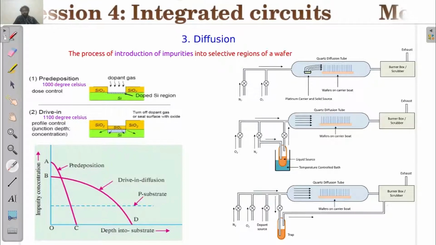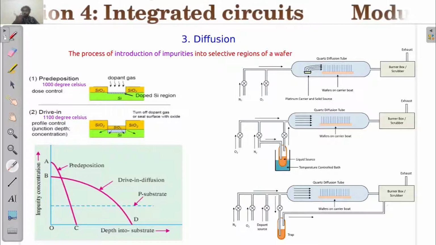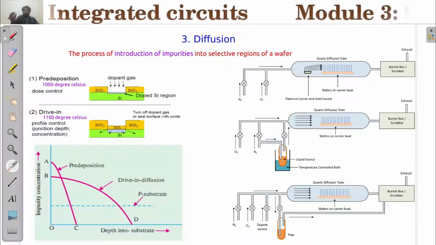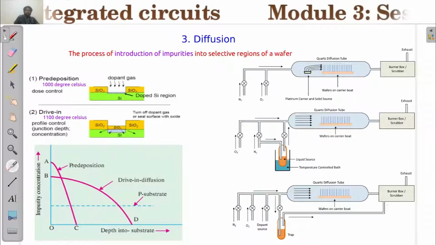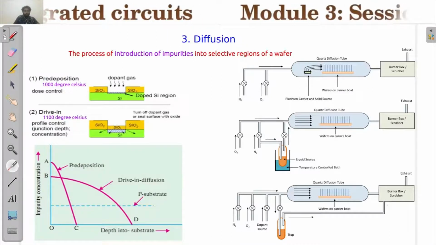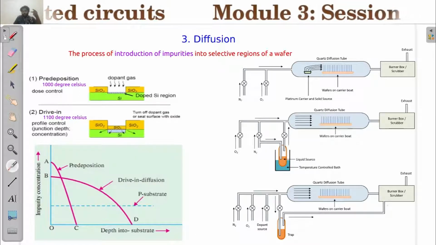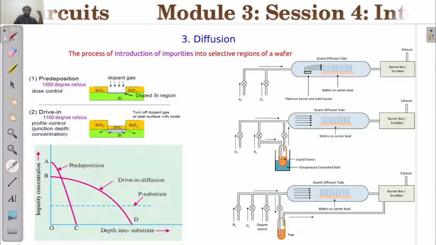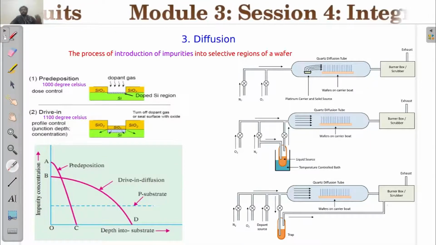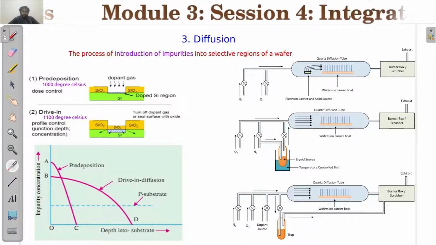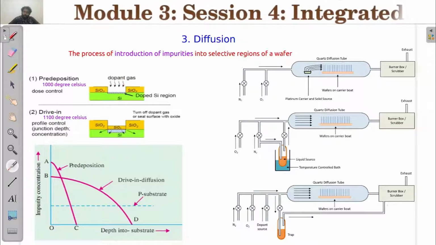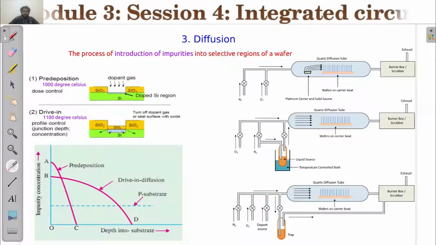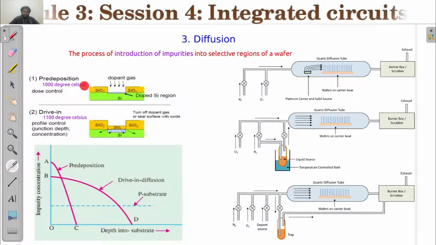Coming to the diffusion step, it consists of two steps. One is pre-deposition, which happens at a temperature of 1000 degrees centigrade, and the second is drive-in diffusion. In pre-deposition, we introduce a dopant gas onto the surface of the substrate, which is kept at a temperature of 1000 degrees centigrade.